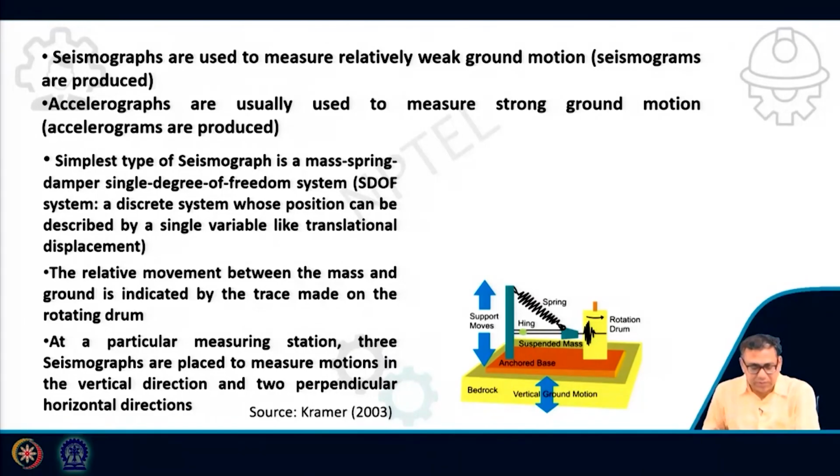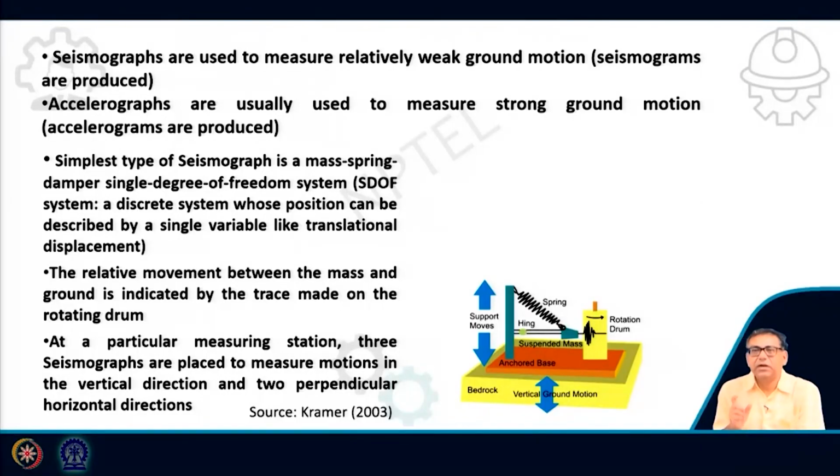Now if I start with the simplest type of seismograph, you can see here that it is basically a mass spring damper single degree of freedom system. What is a single degree of freedom system? It is a discrete system whose position can be described by a single variable.